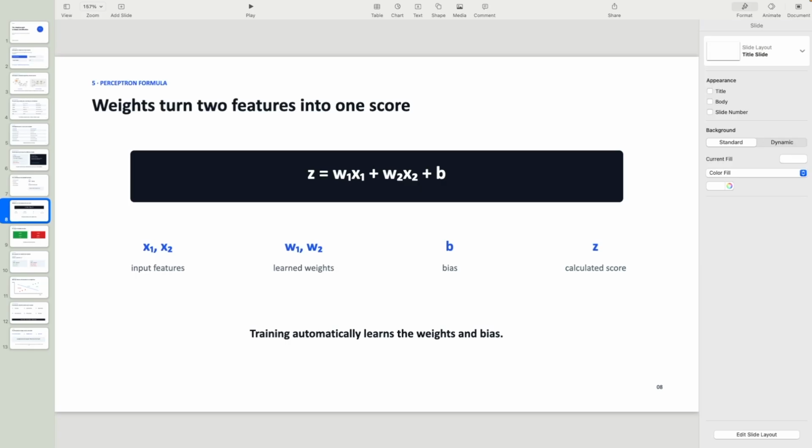Plus b means bias, and z is the calculated total score. The weightage and the bias are learned automatically during training.